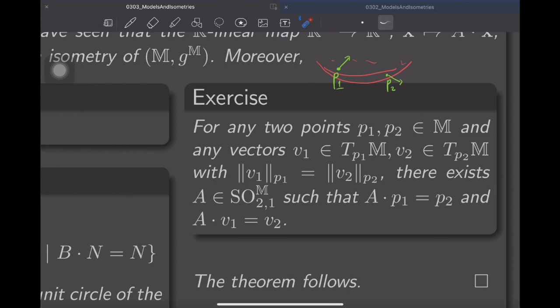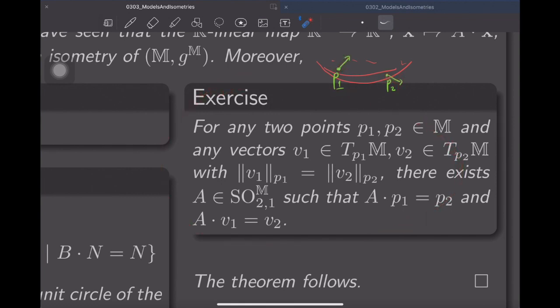In that case, there is an element of the restricted Lorentz group that takes this point to this point, and its derivative sends this vector to this vector. That's the exercise.